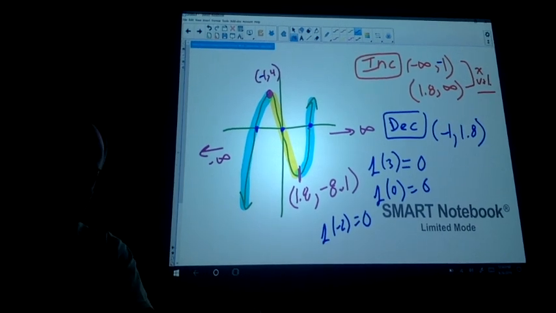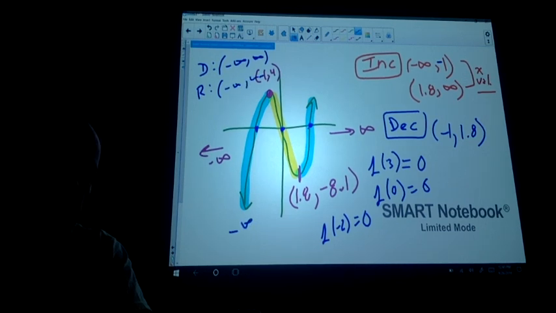The domain, does it go forever to the left and forever to the right? Yep. Does it go from the bottom to forever on the top? Yep. And this one is going way down to negative infinity first. As I come up, I'm going there. And then where is this function positive? Okay, so here, that's positive because it's above the x-axis, and this is positive.